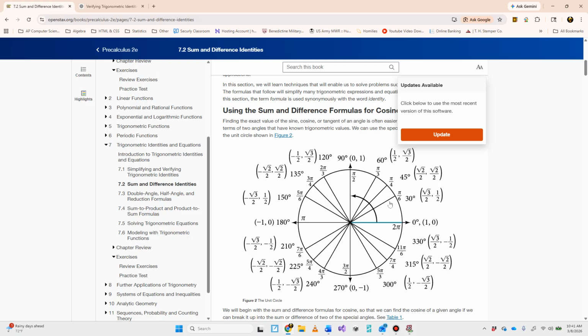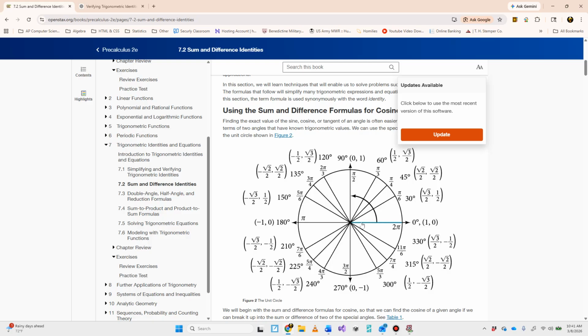At this point of my unit circle, this degree here is pi over 6. If I were to draw a line to this point right here and draw another line down here so that there's a right triangle that can be formed, this line up to that line that I drew, that is my cosine line.